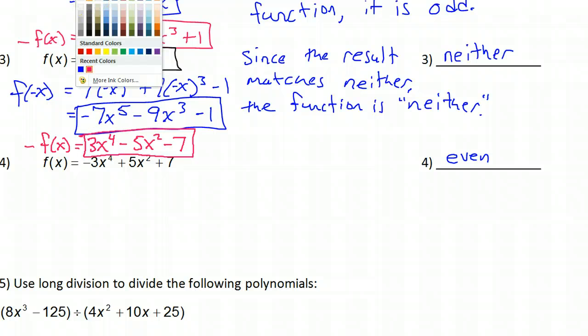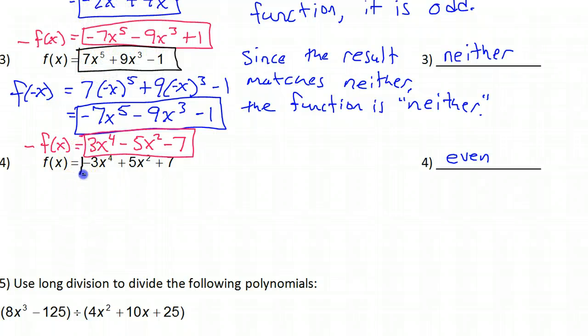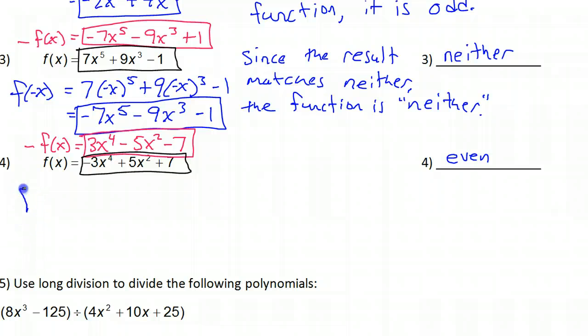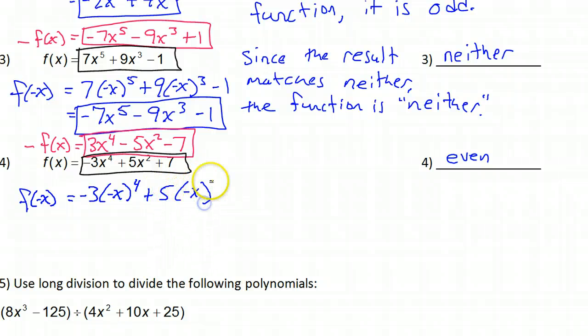Okay, of course here is the original function. And now let's find f of negative x. Okay, so if we put in negative x, alright, 5 times negative x squared plus 7.